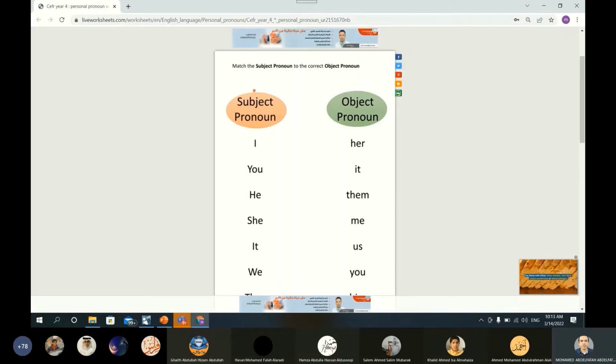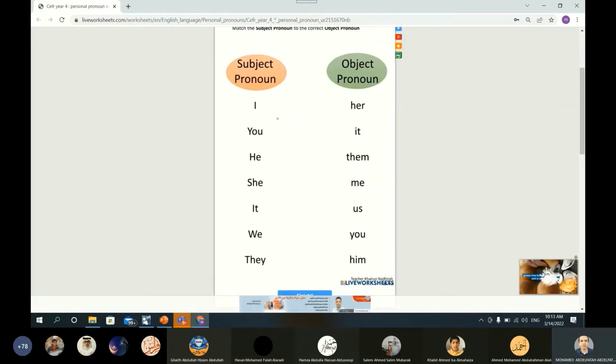The question is, match the subject pronouns to the correct object pronoun. Again, the subject pronouns are I, you, he, she, it, we, and they.